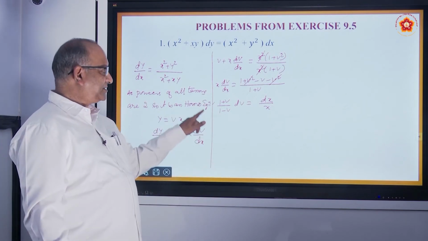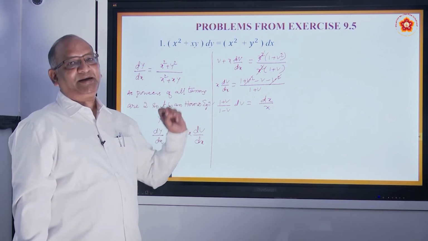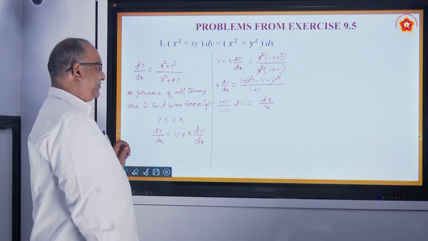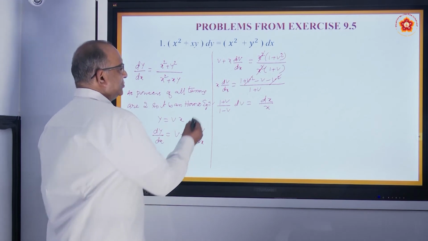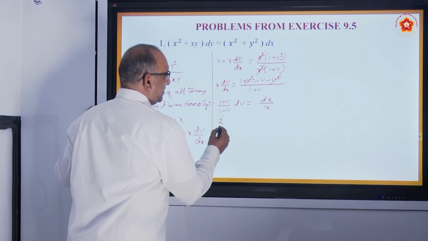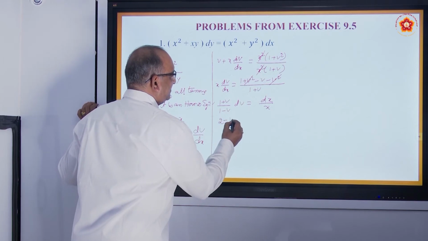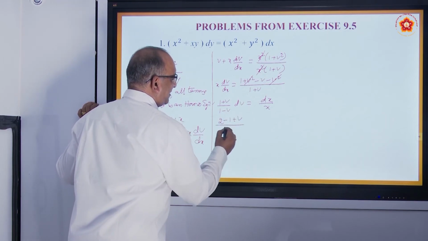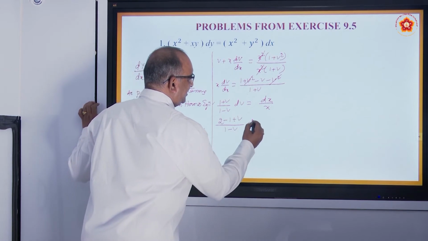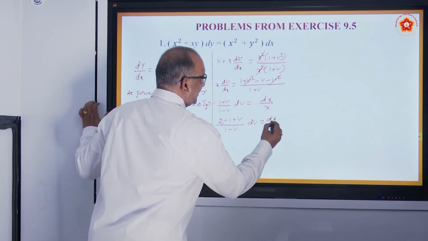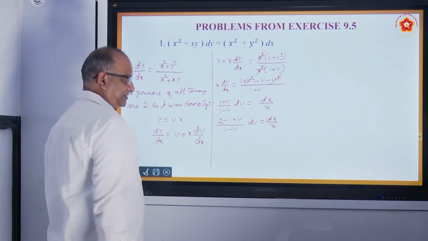How do you integrate this particular term? In order to integrate it, we write it as 2 minus 1 plus v by 1 minus v dv equal to dx by x. Why did we do this?